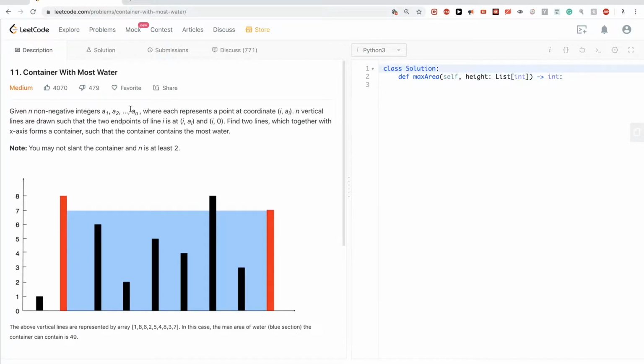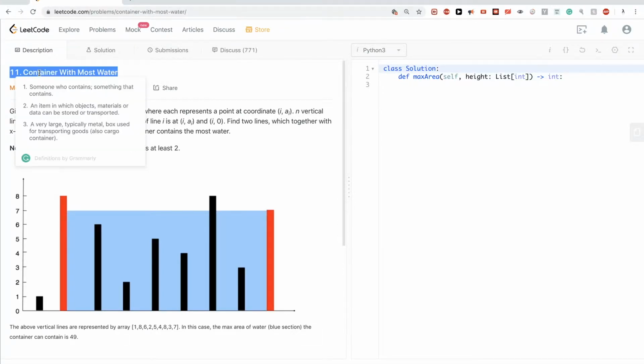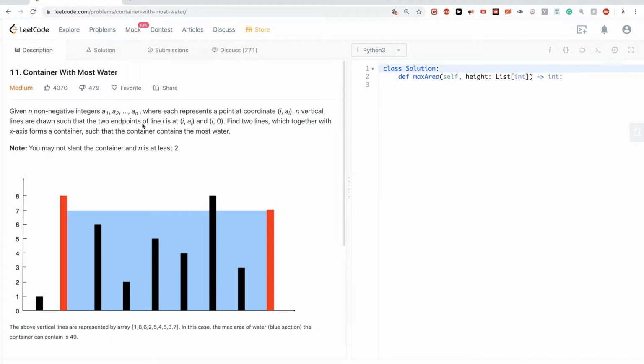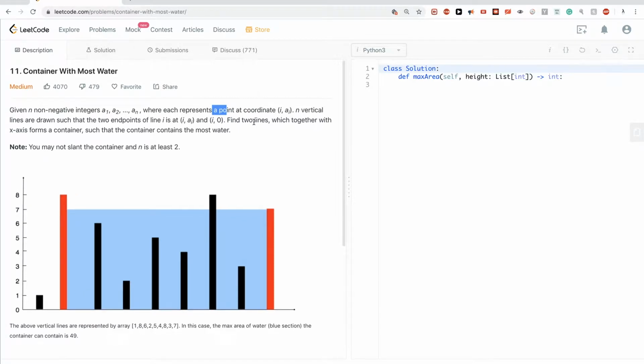Hello, so today we are doing this problem called container with most water, and the problem says we get an array of integers such that each represents a point with coordinates given by i, the index, and a[i]. So i is the index in the array, which is the x coordinate, and a[i], the value in the array, is the y coordinate.